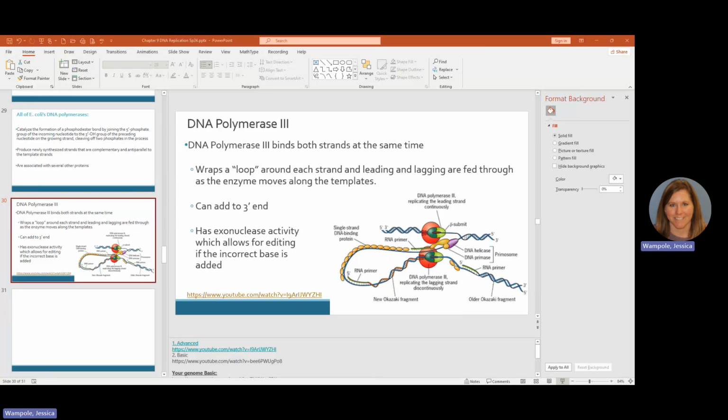Sorry. Green. What did you say? Green. All right, we'll do light green on primase. Okay, so primase is going to come in, and it is going to lay down a little track of RNA. So this is going to be our RNA primase and primer.